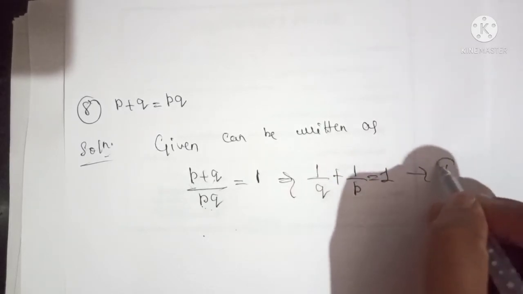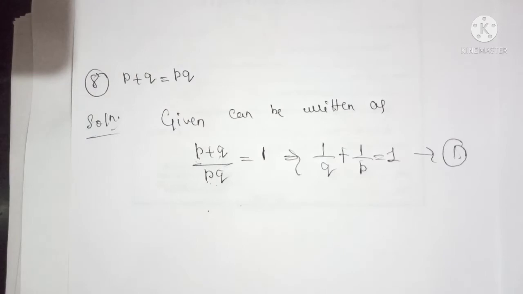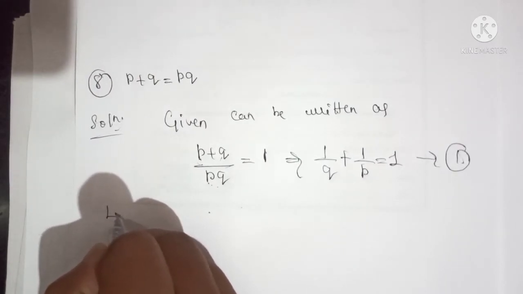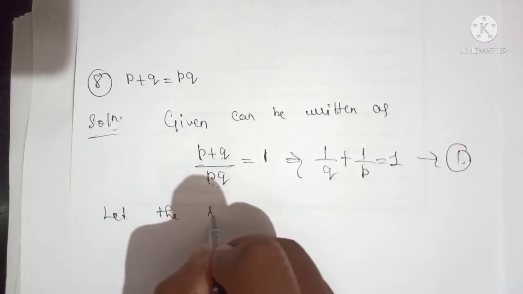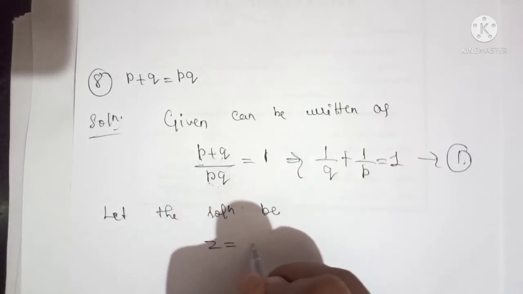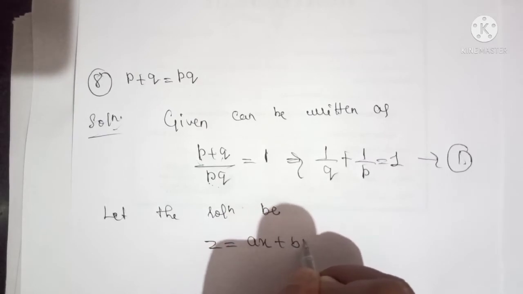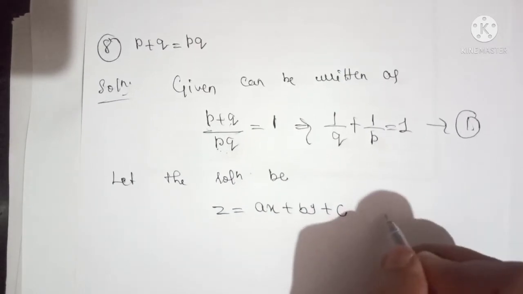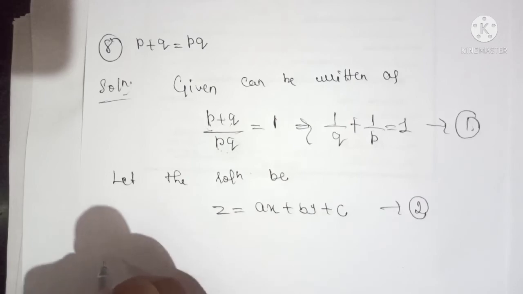Now consider this as equation 1. Now let the solution be z equals ax plus by plus c. So consider this as equation 2.